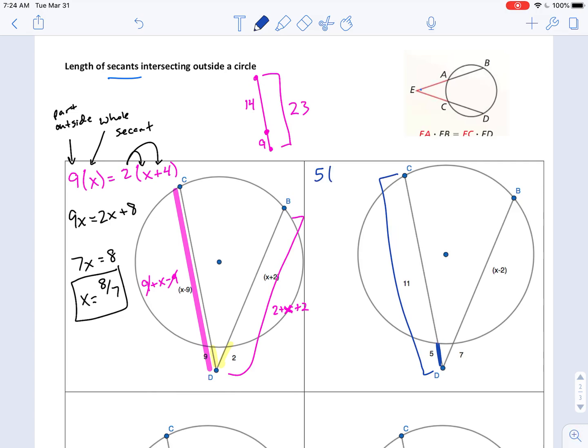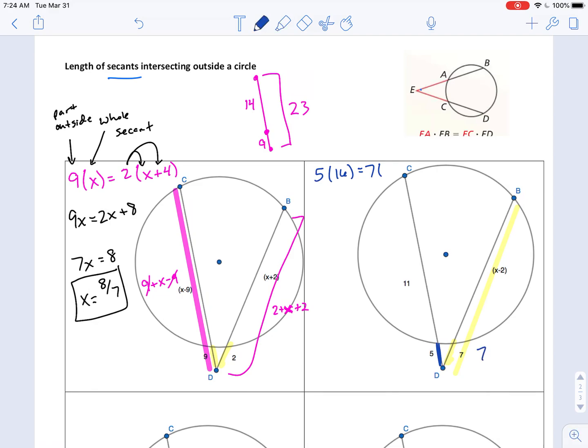All right, so we have 5 is the part of the secant outside the circle. And now what's the whole secant? Well, 5 plus 11 is 16. Let's do the same thing over here. I start with 7.